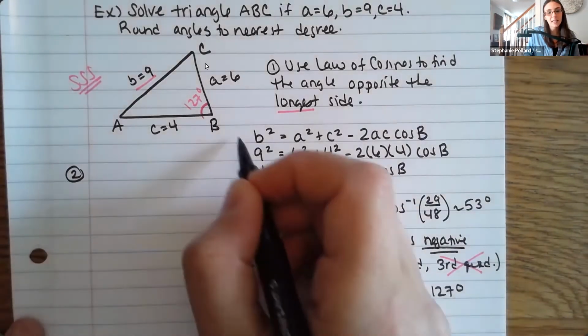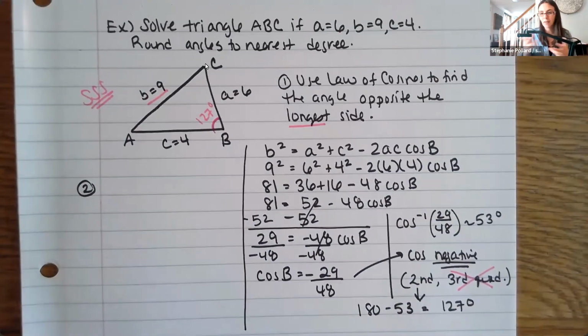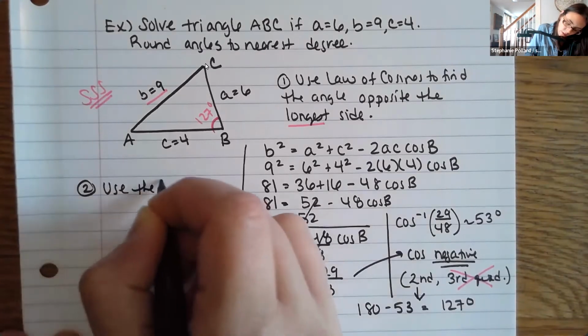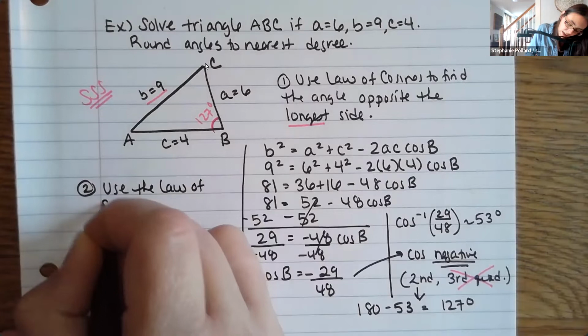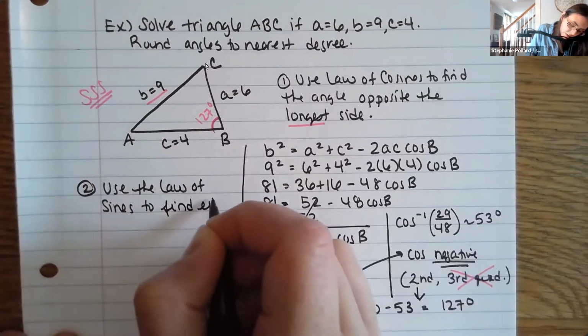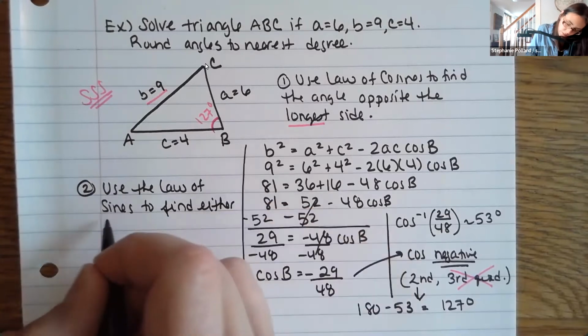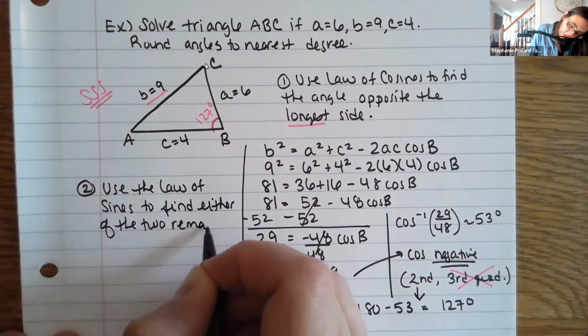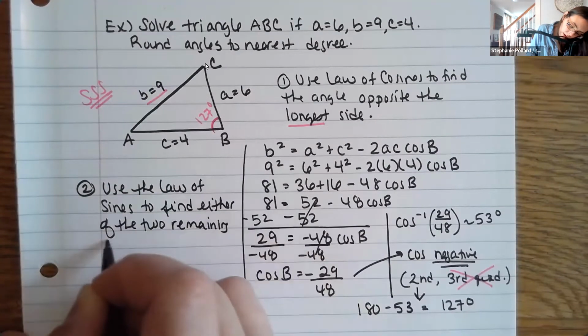All right, so my second step is I still have to find two angles, and you can find either angle next. It doesn't matter. You're going to use the law of sines to find either of the two remaining acute angles.